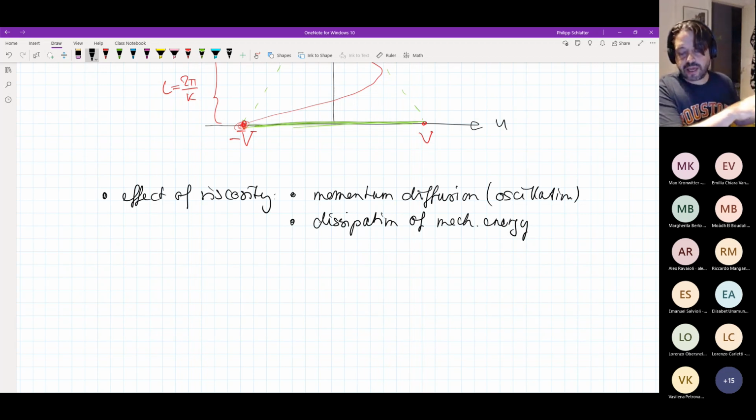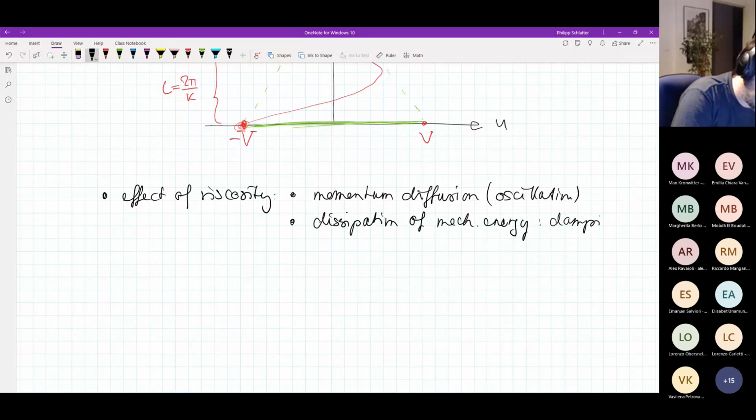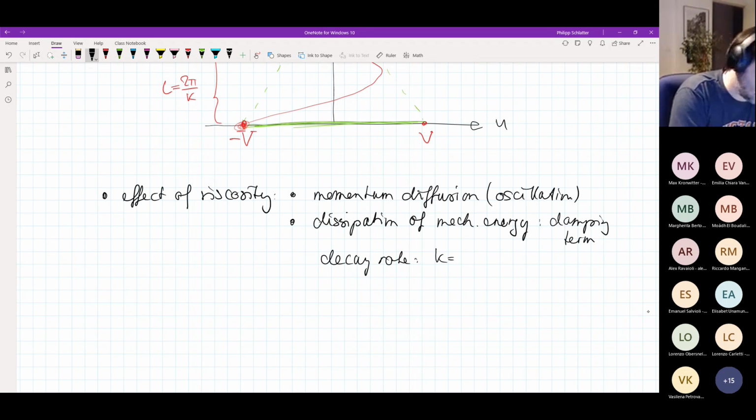So we transform mechanical energy into temperature, and this will show up as a reduction of mechanical energy. And this is exactly the damping term that we have in the equation, the decay rate we have calculated. That's exactly this k, which is the square root of omega divided by 2 nu.